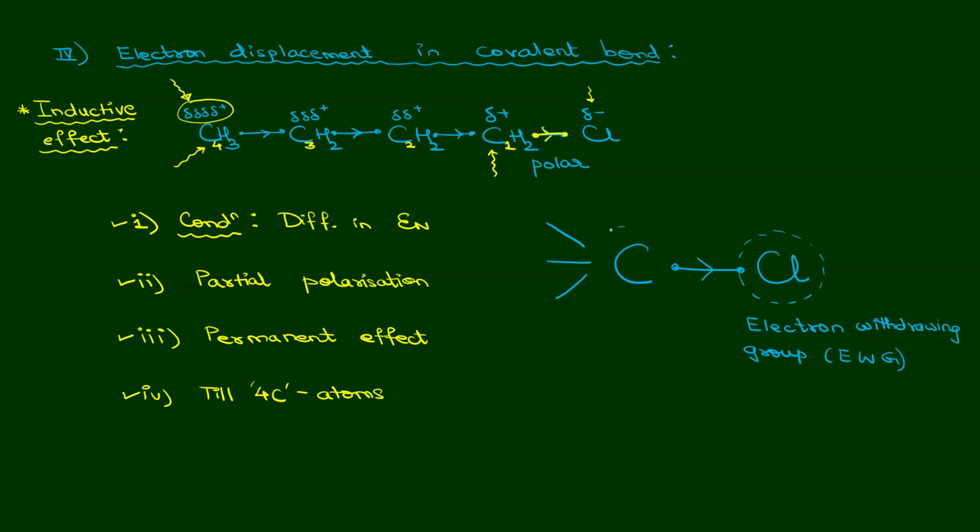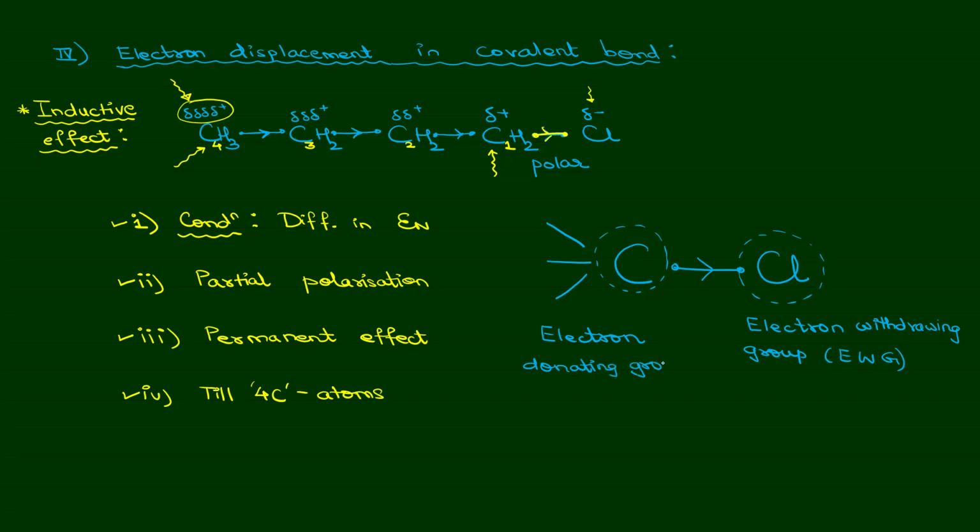And from the carbon's point of view, the poor carbon is donating electrons, right? Here, all the carbons are donating or giving away the electrons to the chlorine because they are weaker as compared to chlorine in terms of electronegativity. That's why the carbon chain entirely, which is an alkyl group, would be called an electron donating group.